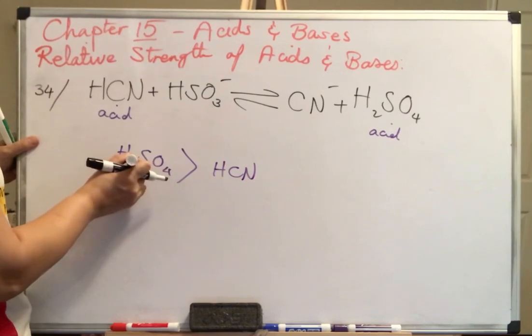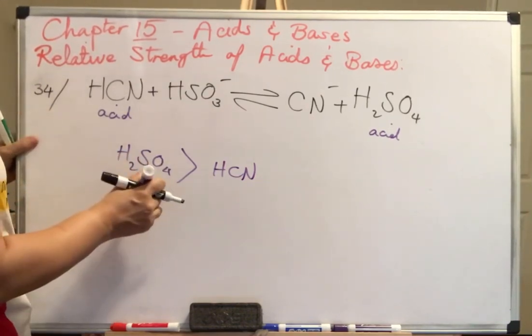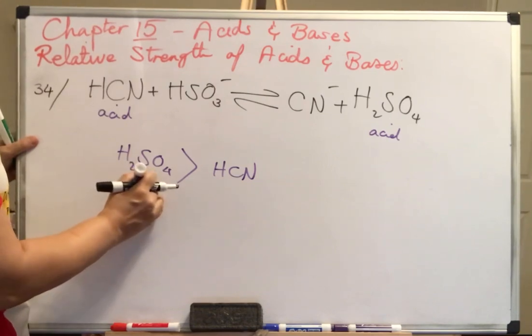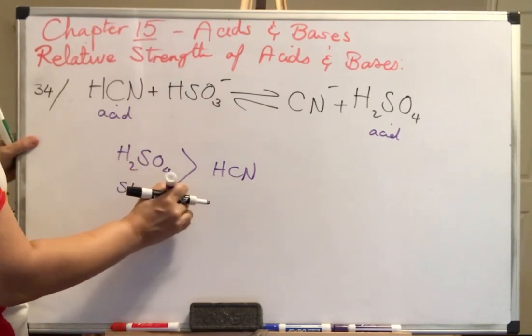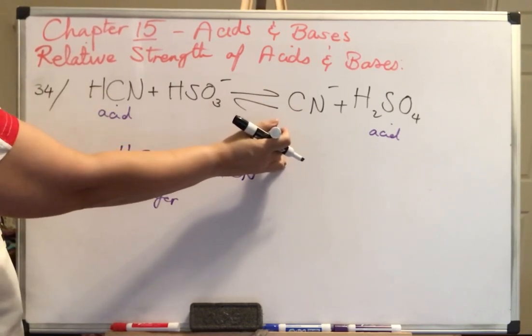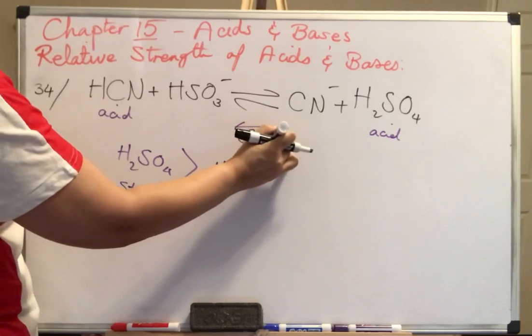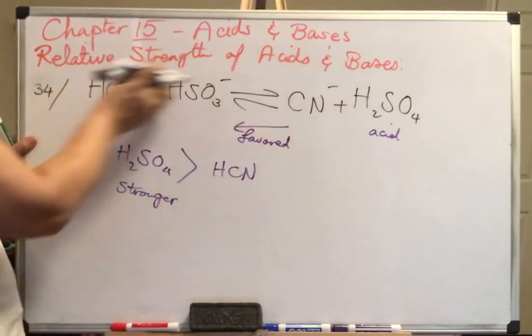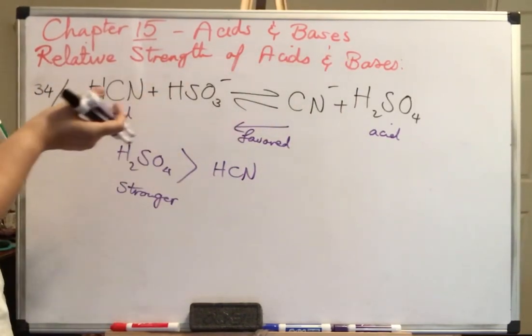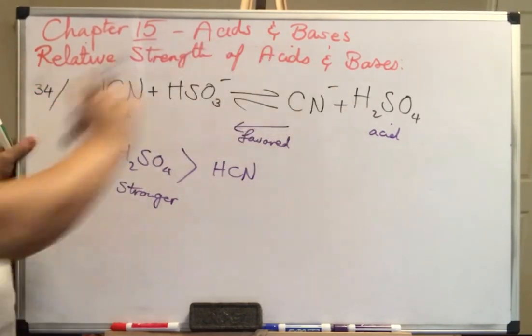So when it's stronger, the direction is favored towards the left side. It doesn't mean that it's all towards the left, but most of the reaction is towards the left. You will have more of these two than this.